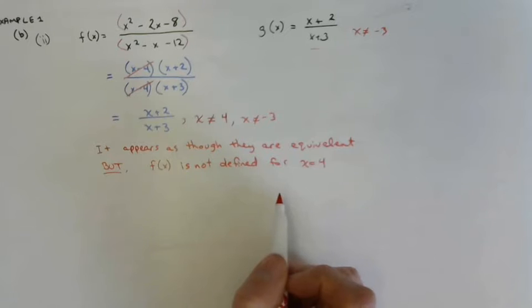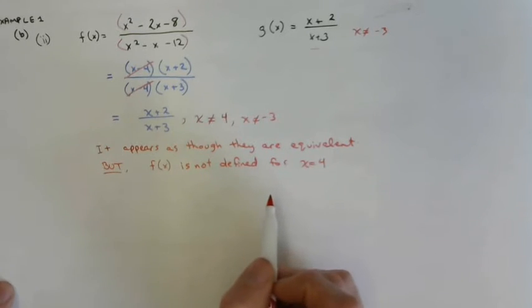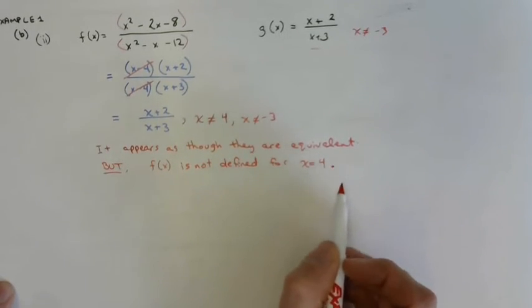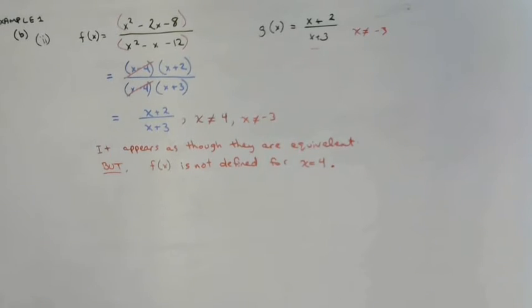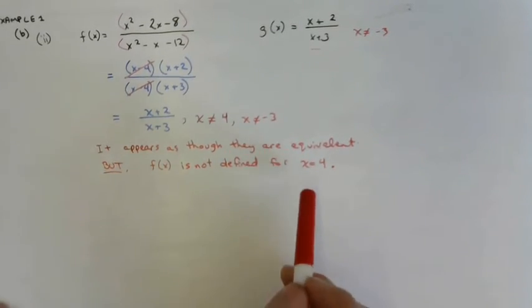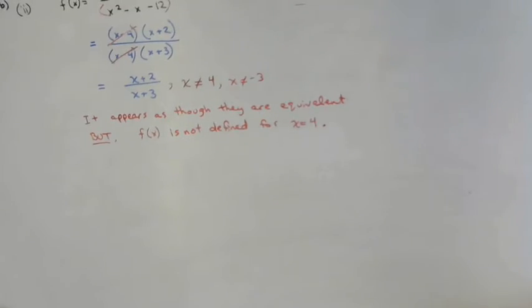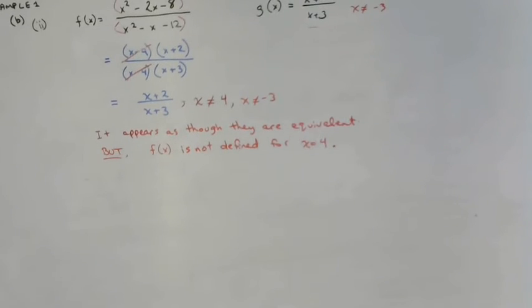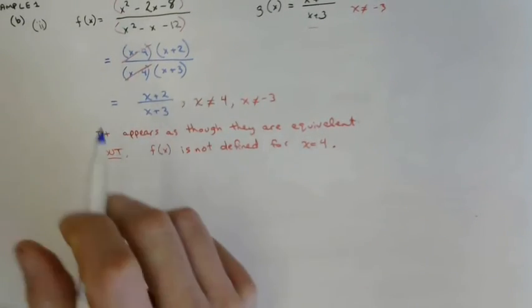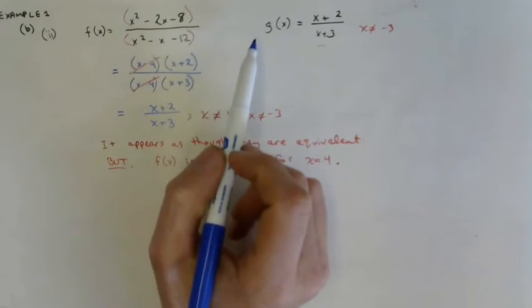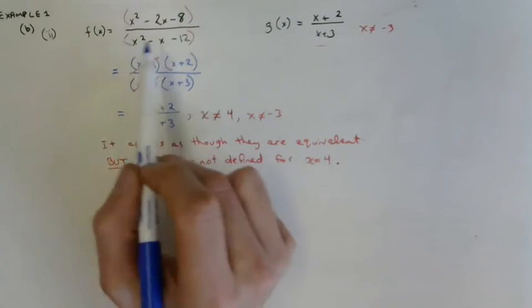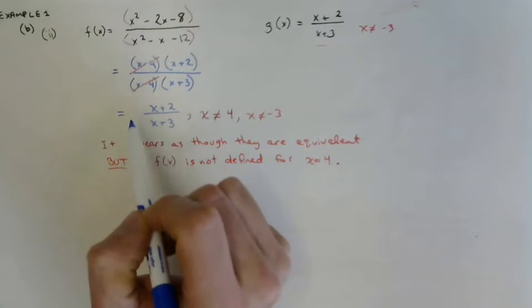It means you will not get a value out of the function machine. So it creates an asymptote. It is still a function. It's just not defined at this point. It's a restricted domain. So again, even though they appear as though they're equivalent, f of x is not defined for x equals 4. So f of x is not equivalent to g of x. They are different functions, even though we can make f of x look like g of x.